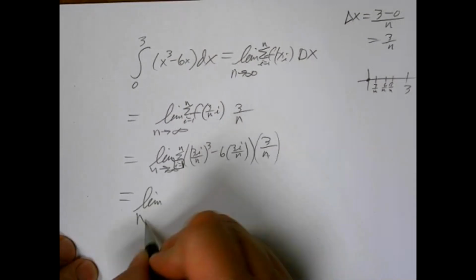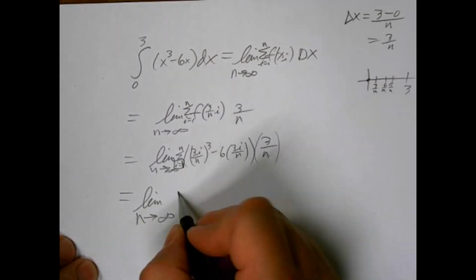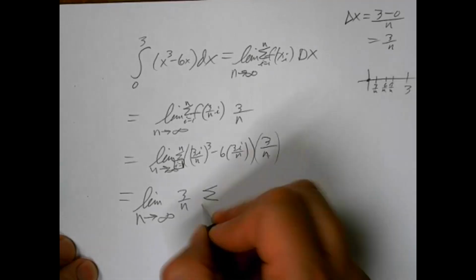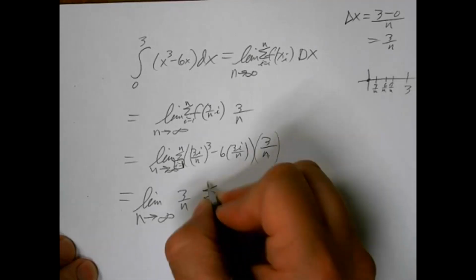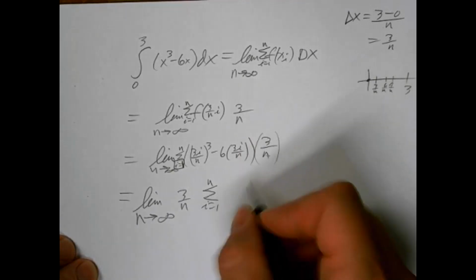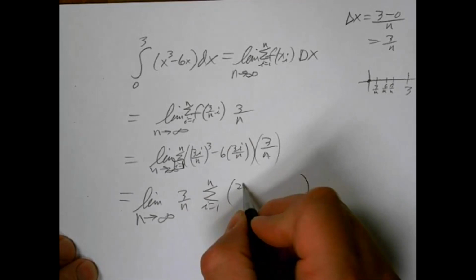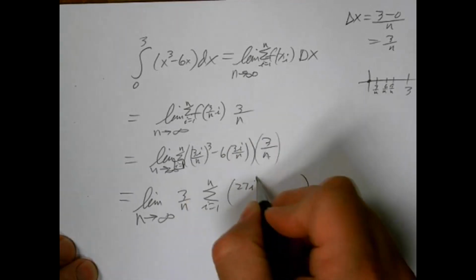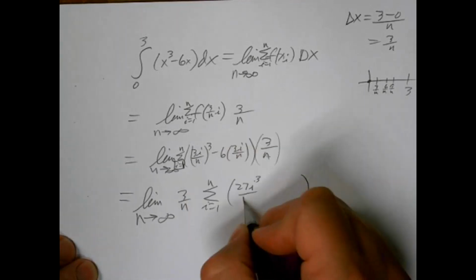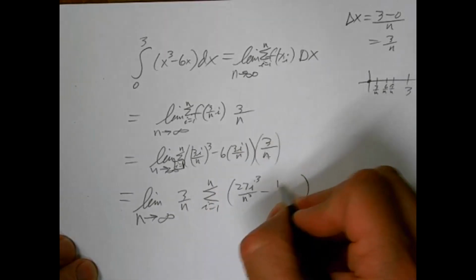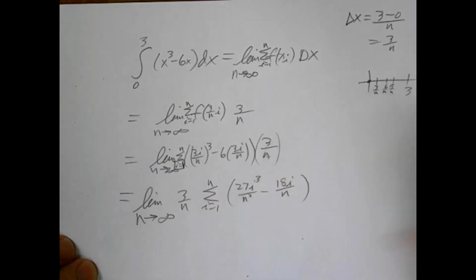So I can take the 3 over n and throw it out front of the summation notation. And then I can start cleaning this up. 3 cubed is 27, and then i cubed over n cubed, minus 6 times 3 is 18i over n.